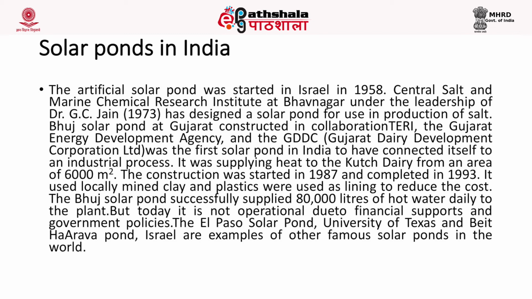The Bhuj Solar Pond at Gujarat, constructed in collaboration with TERI, Gujarat Energy Development Agency and Gujarat Dairy Development Corporation, was the first solar pond in India to be connected to an industrial process. It was supplying heat to Kutch Dairy from an area of 6,000 square meters.